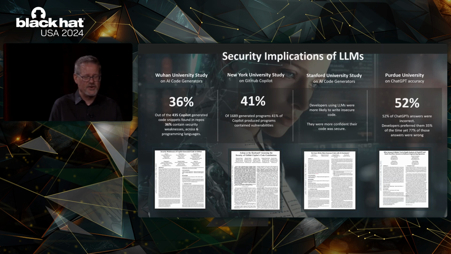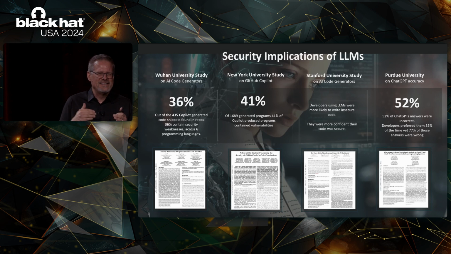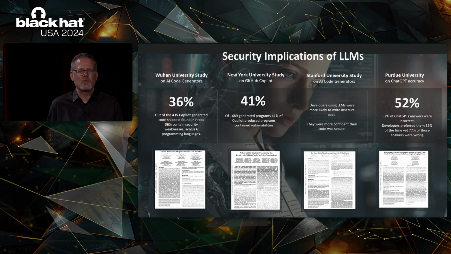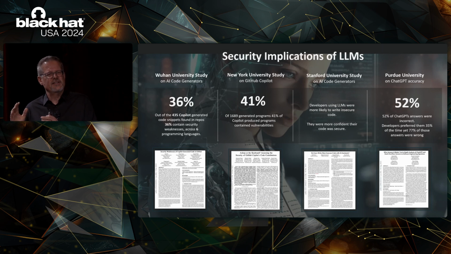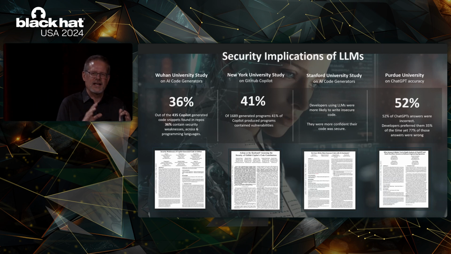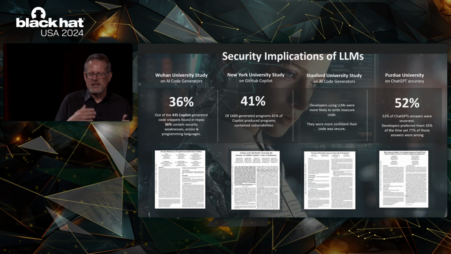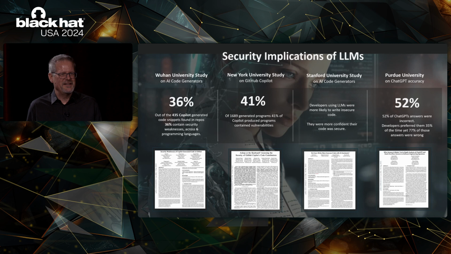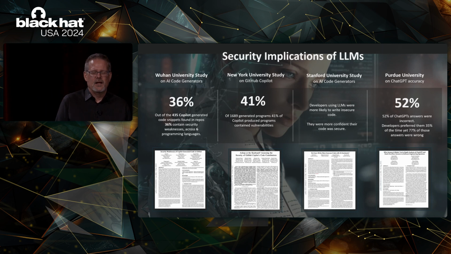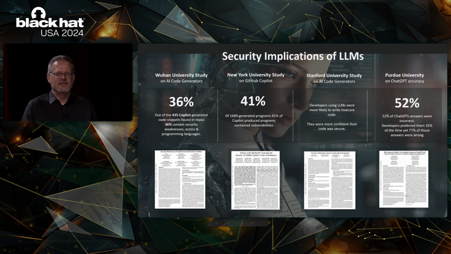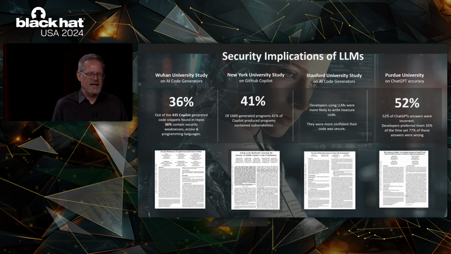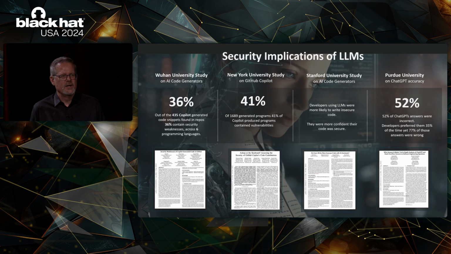So when they selected an answer, 77% of the time they were picking the wrong answer. The way that the answer was presented by the LLM, in the way that the LLM likes to be confident and really give a clear answer, probably a better writing style than the answer in Stack Overflow, developers were selecting that answer.